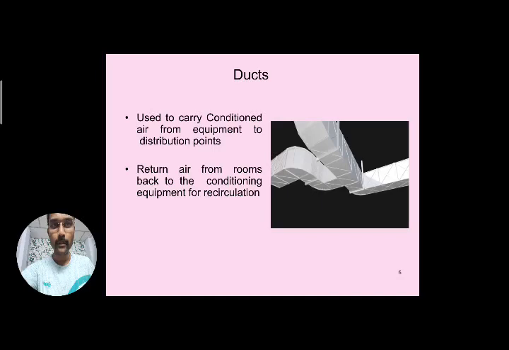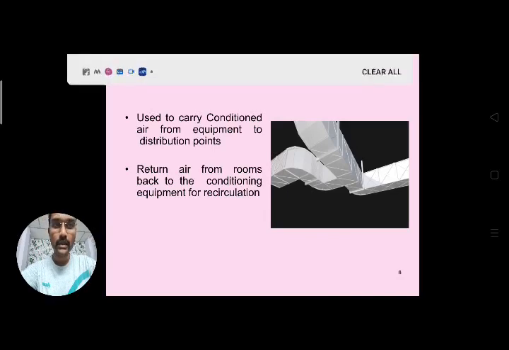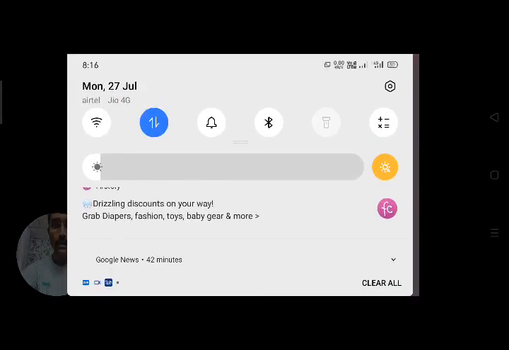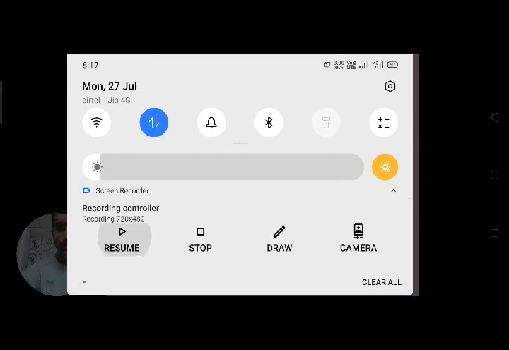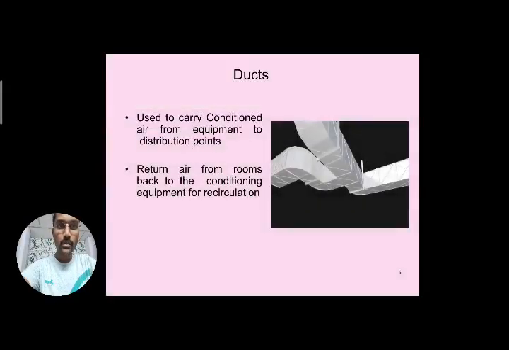If a building has a 2000 or 3000 square feet area and requires air conditioning, generally the equipment is placed at some other site and the distribution points are at different sites. In that case these ducts are needed, used to carry conditioned air.